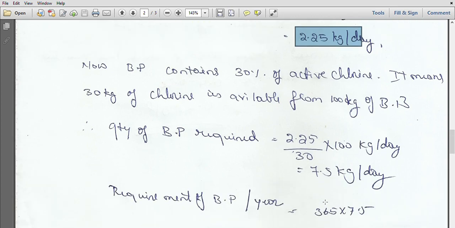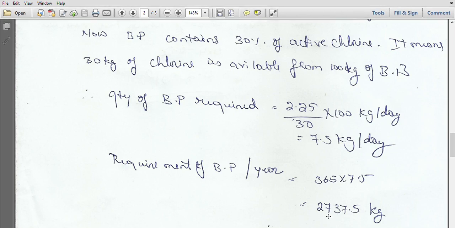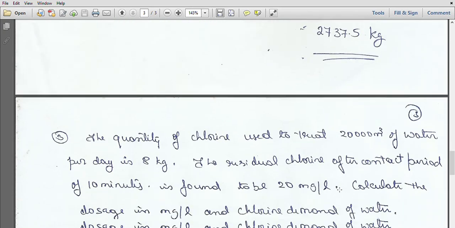What is the amount required per year then? It is 365 into 7.5, that is 2737.5 kg per year. That means 2738 kg per year, nearly equal to. Correct? So that is the second problem.